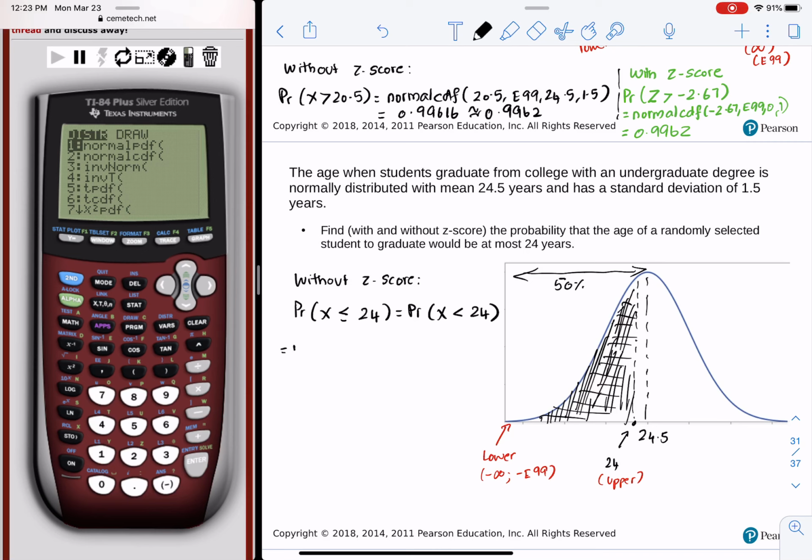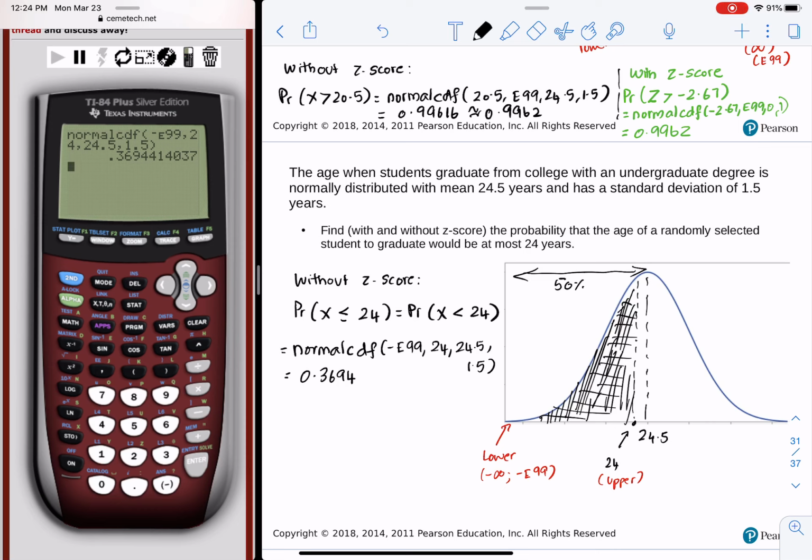So we have normal CDF: lower endpoint, upper endpoint, mean, and standard deviation. So negative E99, 24, 24.5, and 1.5. Enter, we get 0.3694.